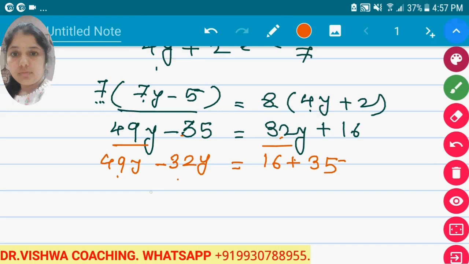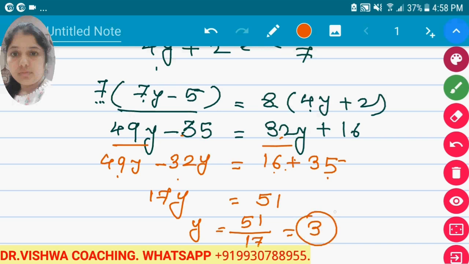Now 49 minus 32 gives us the value as 17y, and 16 plus 35 is equal to 51. Now 17 1s are 17, 17 2s are 34 and 17 3s are 51. So y is equal to 3.